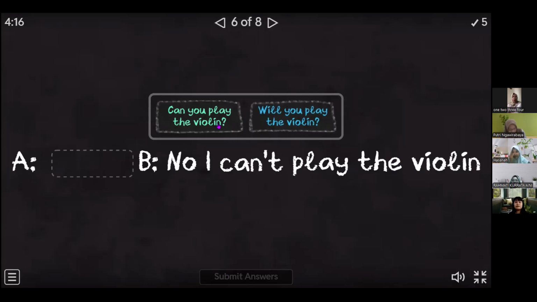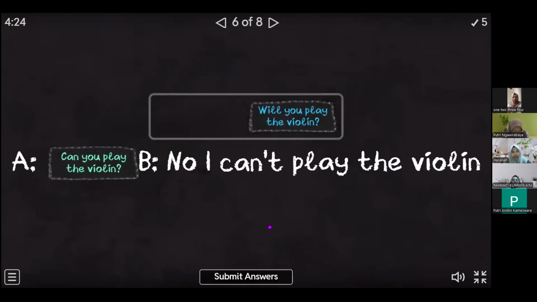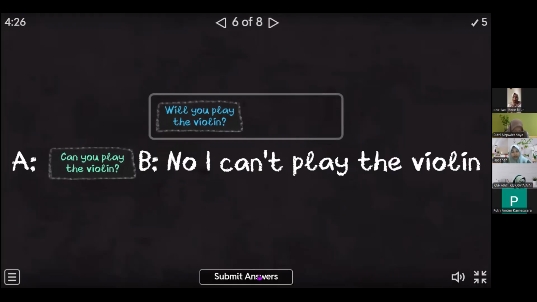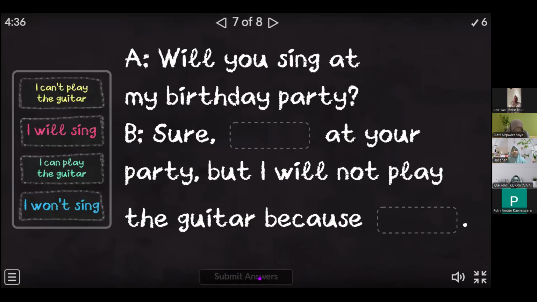B. No, I cannot play the violin. The answer is, can you play the violin? Can you play the violin? Okay, let's check together your answer. It is correct. Yes, correct. Miss Putri, thank you. Good job.